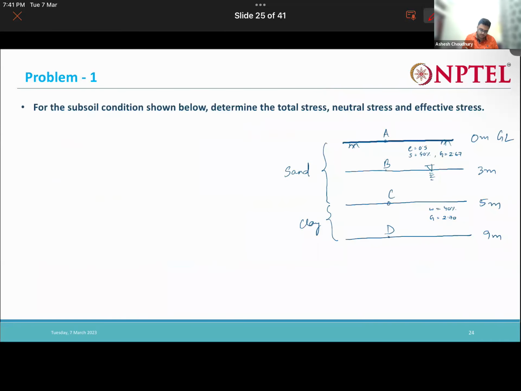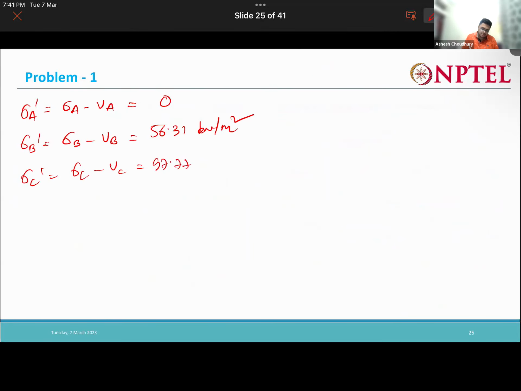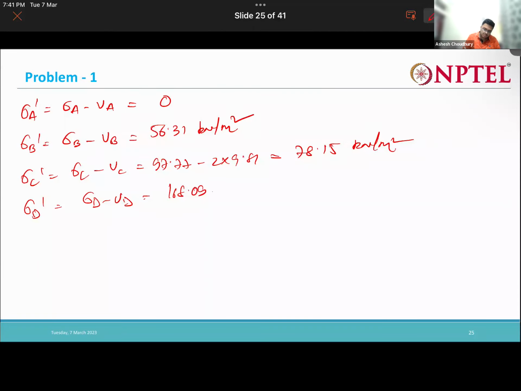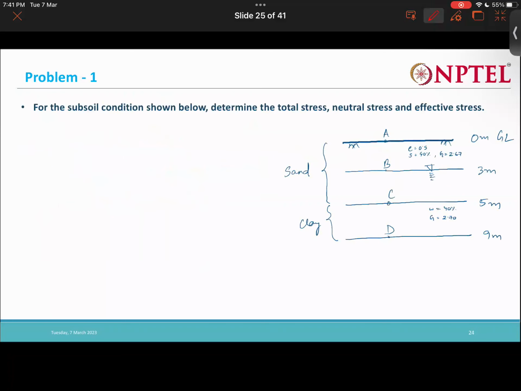At C, 97.77 minus 2 into gamma W. At D, 168.09. It will be 110.23. Okay. Yes, sir.